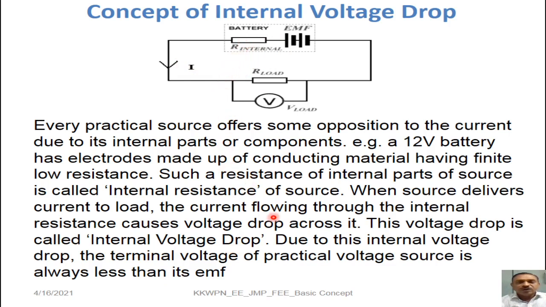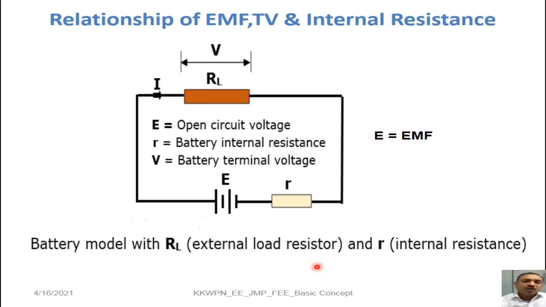So if we keep that internal resistance to a minimum value, then the internal voltage drop will also be held at a minimum value. Practically, the terminal voltage of a given power source will always be less than the EMF because of the internal voltage drop.